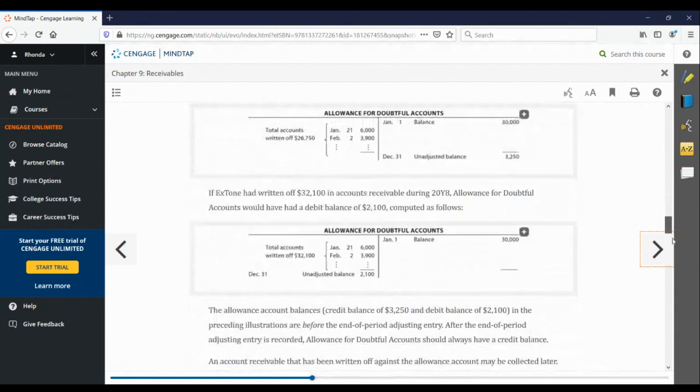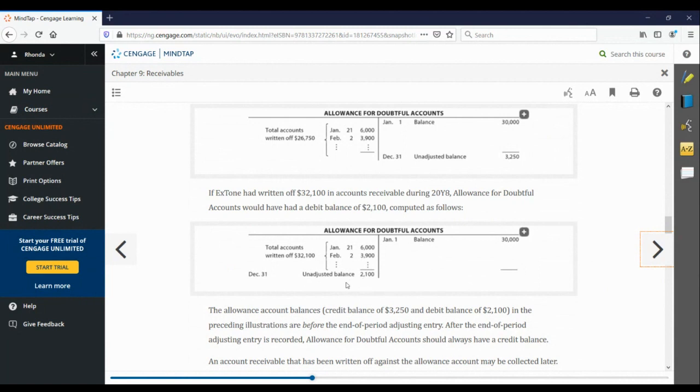Now, in the second allowance for doubtful accounts that we're looking at, this is a what if this happened. It says if Xstone had written off $32,100, then there would be a remaining debit balance in the allowance for doubtful accounts before you have created your adjusting entry.